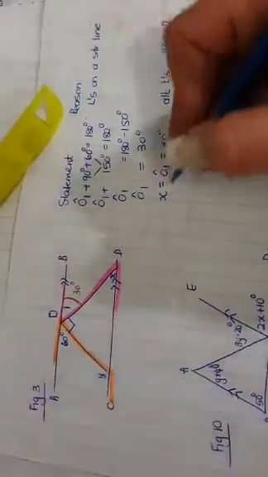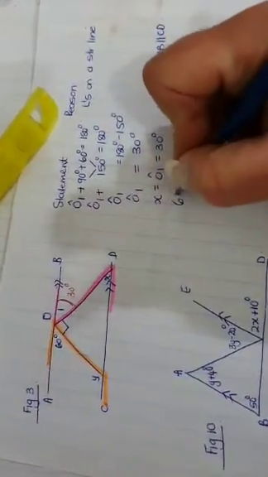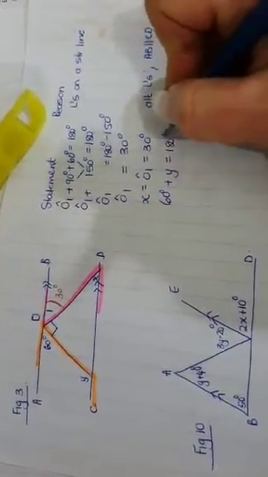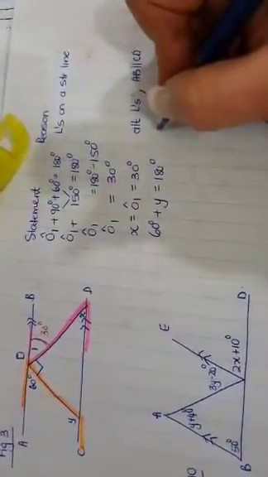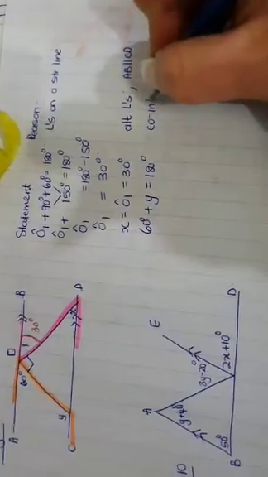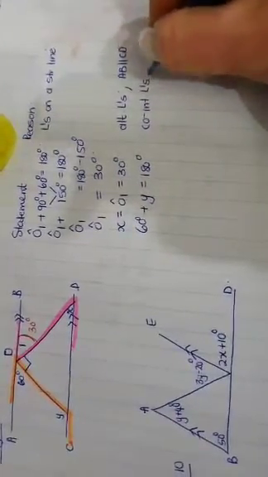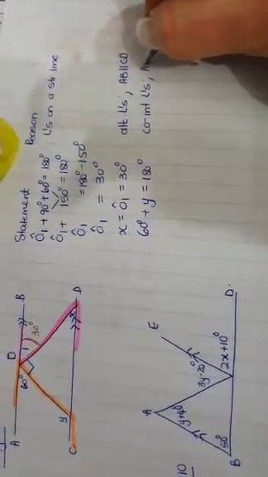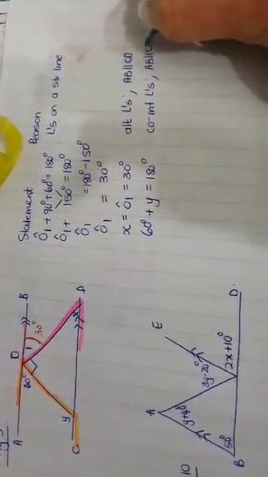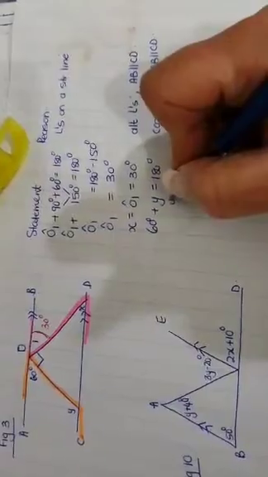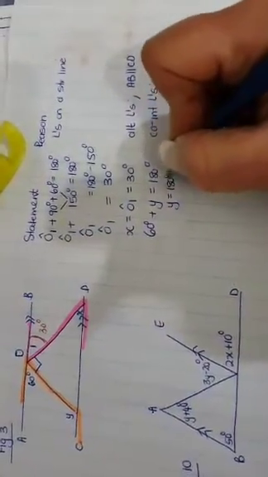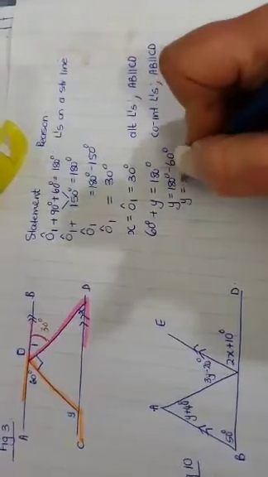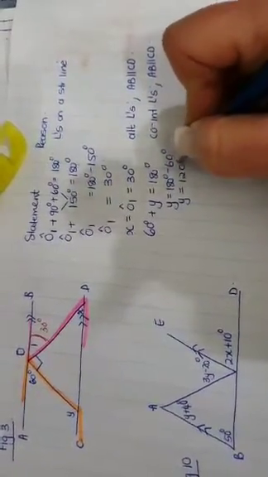So in your statement column, you're going to say 60 degrees plus Y equals 180 degrees. Why are you making that statement? Because my co-interior angles add up to 180, and of course you will mention the parallel lines again. Take your 60 across, and you land up with Y equals 120.